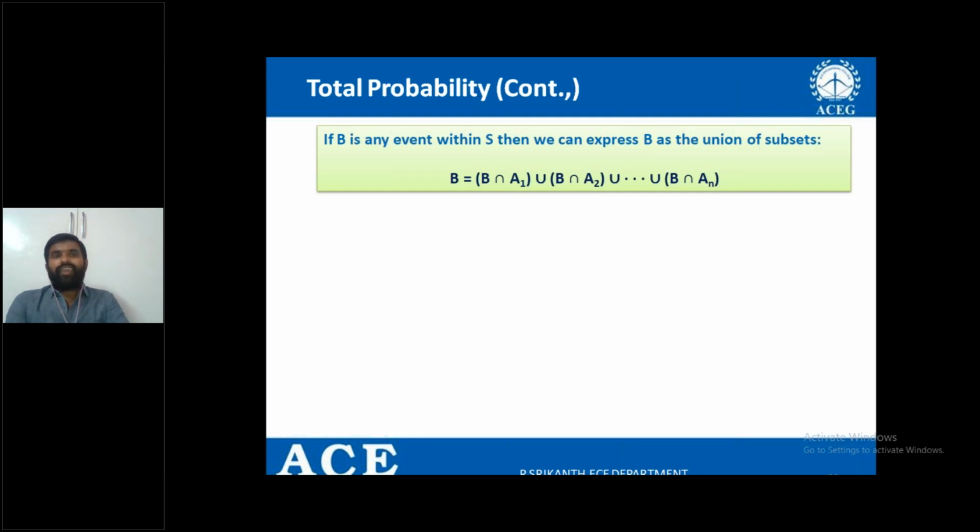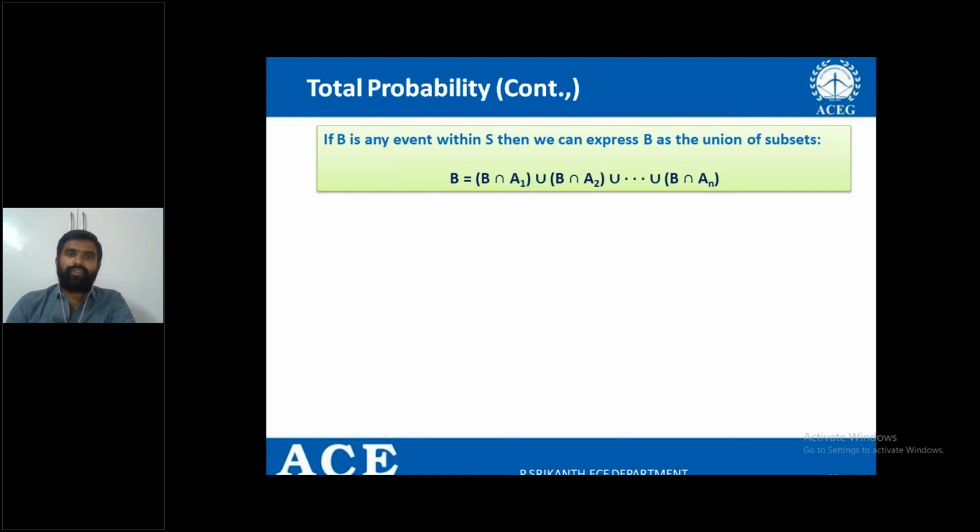probability. If B is any event within S, then we can express B as the union of subsets. That is B intersection A1. So in the previous example, I have taken A, B1, B2, B3. And now if I take the notation as B, A1, A2, A3, A4 up to An, if n number of events are considered, right?